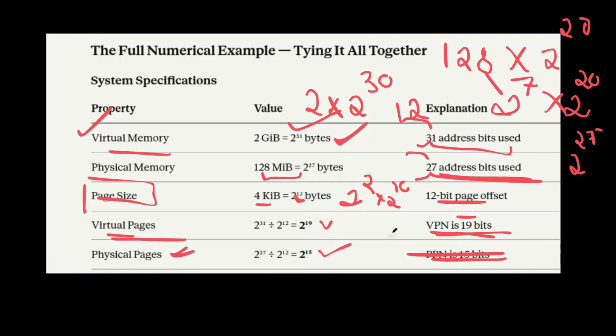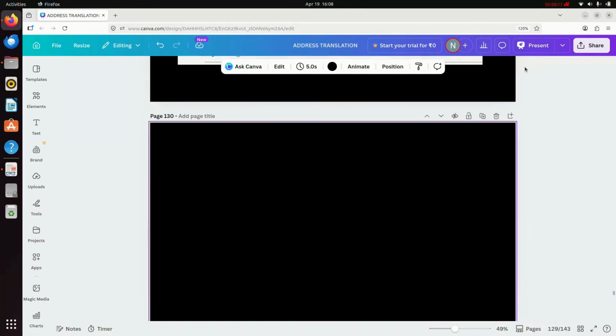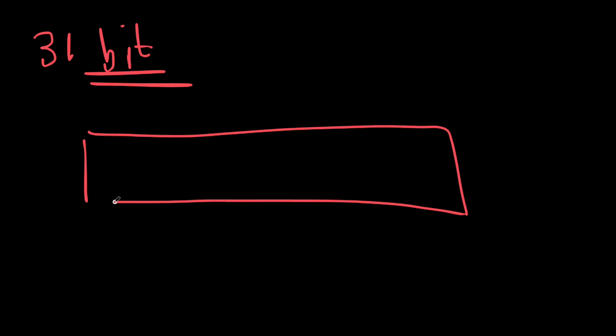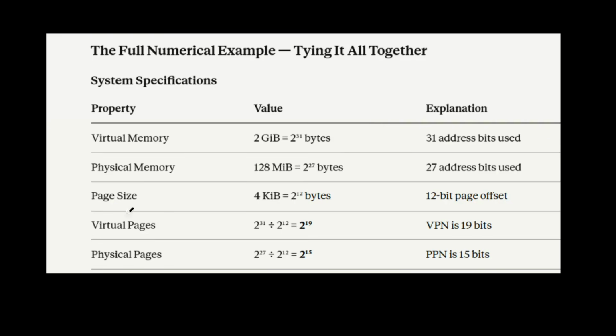You can see here that we found 31 bits are the total virtual address bits. Out of that, the page size is 2 raised to 12, which means 12 bits are offset bits.